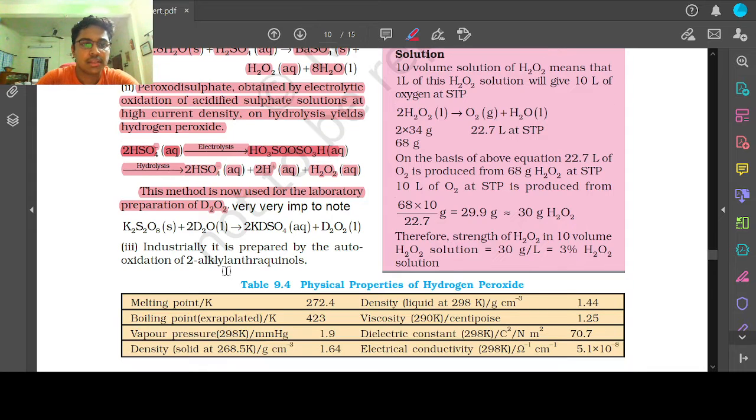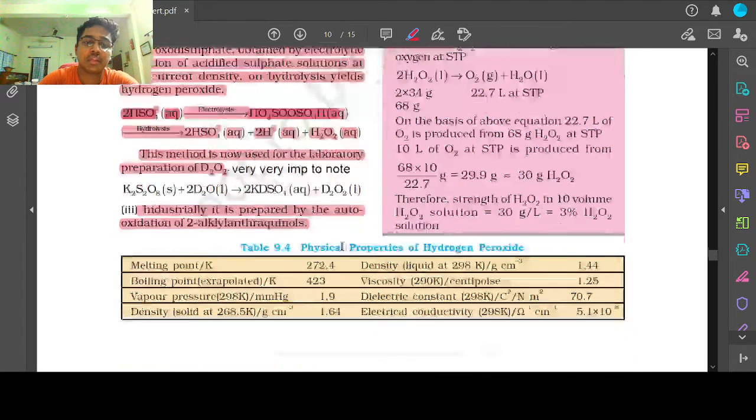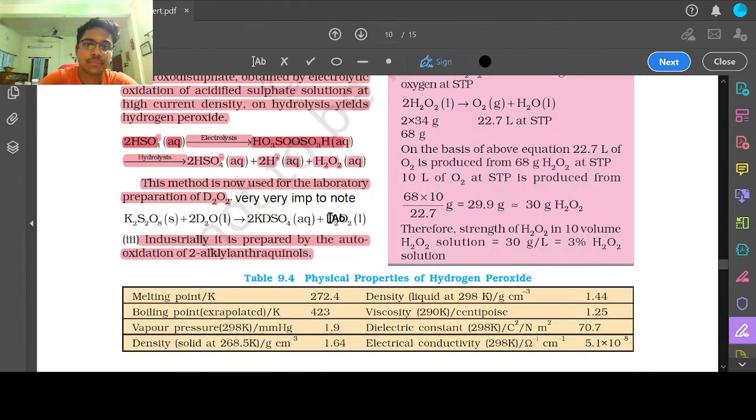Now it comes to the industrial preparation. It is prepared by the auto-oxidation of 2-ethylanthraquinol. This question came in NEET. It's very important.